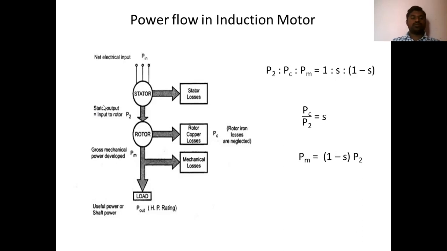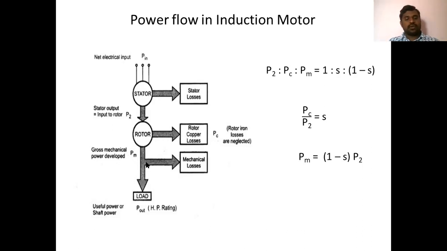This stator output is nothing but your input to the rotor, that is represented with P2. And in the rotor also we have some losses. There are rotor copper losses represented with PC. Here I am not considering the rotor iron loss, so only rotor copper losses. After that we'll get some mechanical power developed in the motor represented with PM, and this rotor is coupled to the shaft.